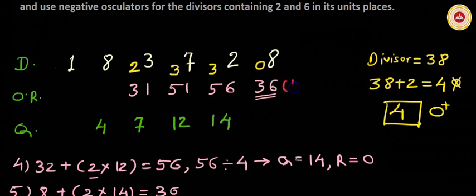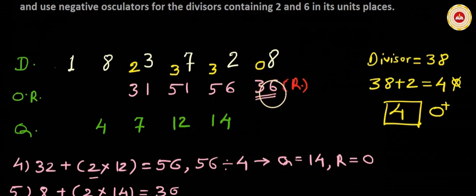Friends, please understand this important thing. If the given number is not divisible by the given divisor, then in the last osculation result you find the remainder. And if it is divisible, then in the last osculation result you find the quotient.